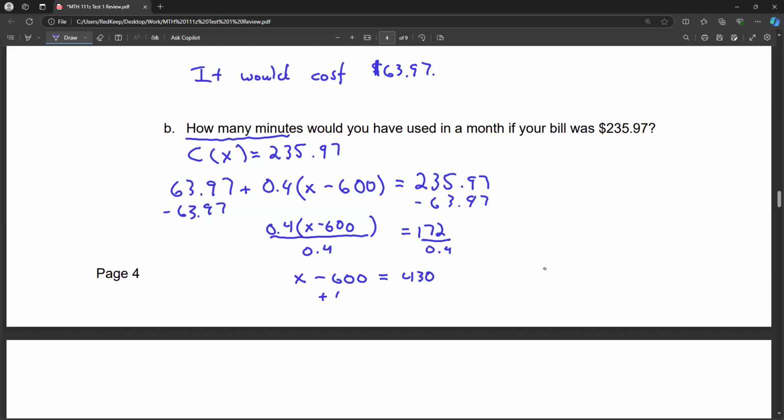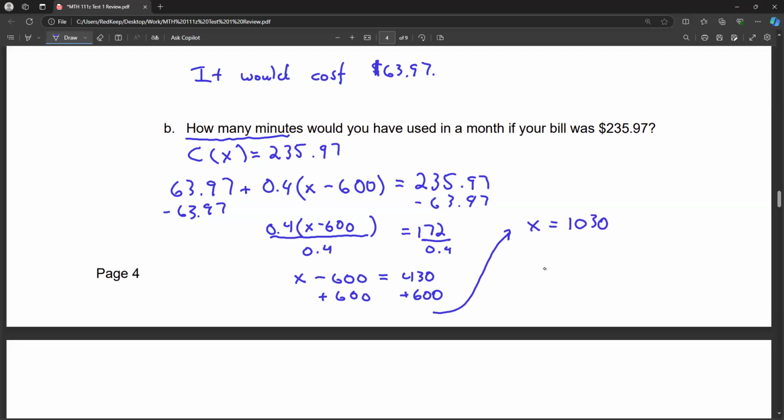So I want to go ahead and add 600 to both sides. And we'll be left, let me move my results up here, X will be equal, yes, we're well over that 600 in minutes, X is equal to 1,030 minutes.